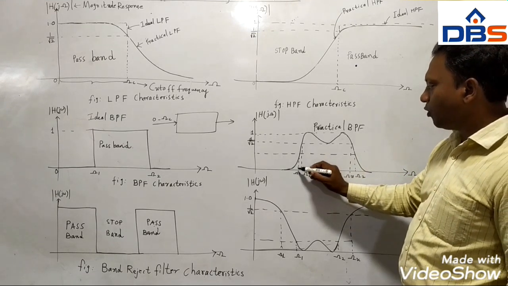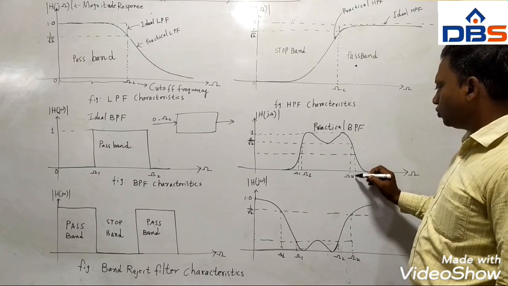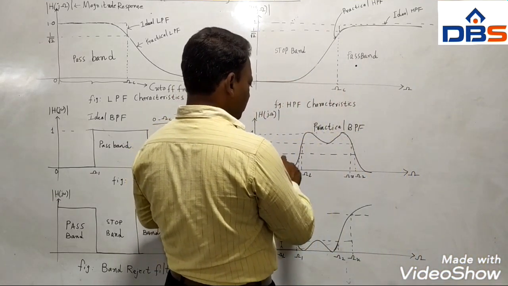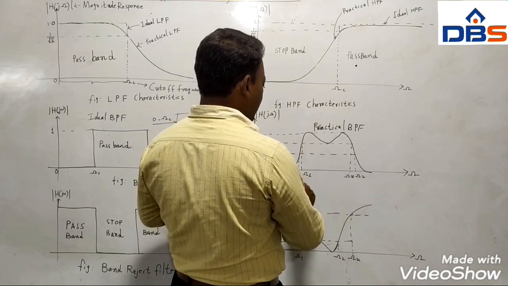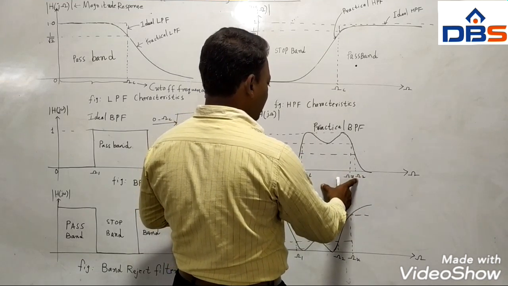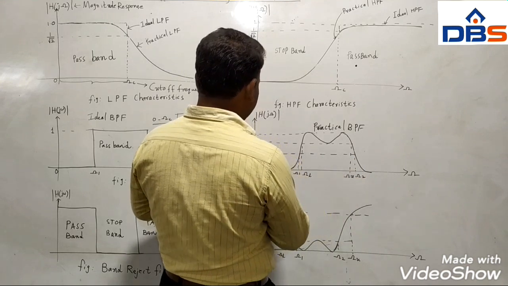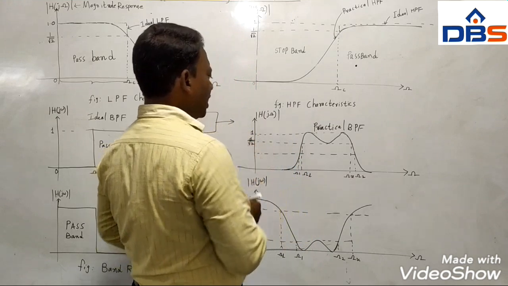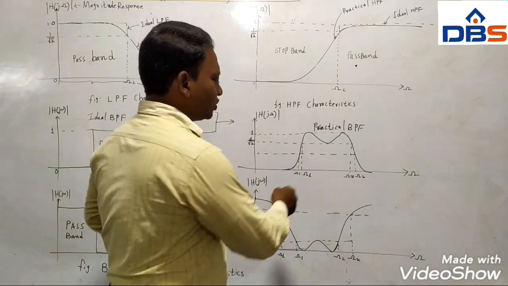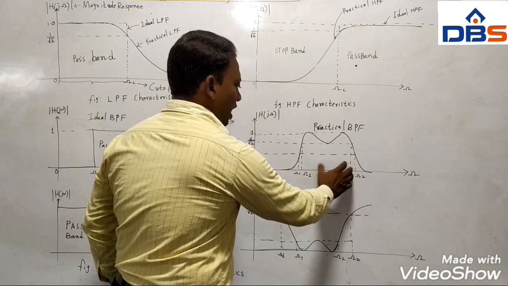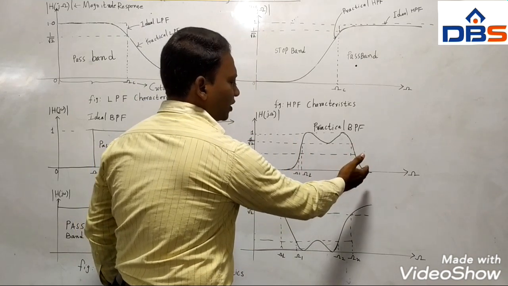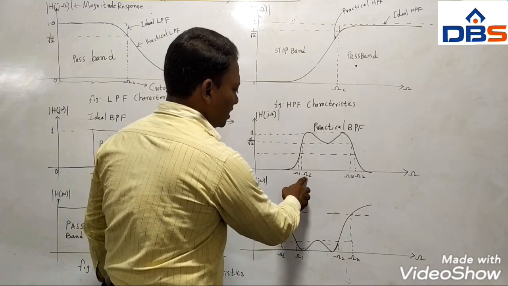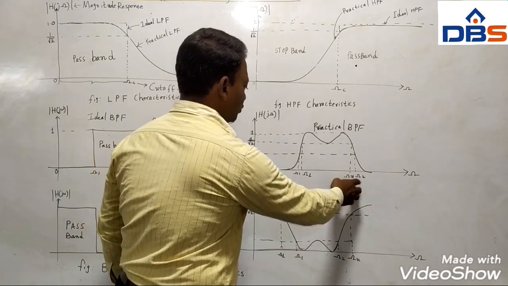And omega 1 and omega 2 are taken at some lower value, maybe 0.5 or somewhere around that. So omega 1 and omega 2 are the frequencies below the lower cutoff frequency and above the upper cutoff frequency.